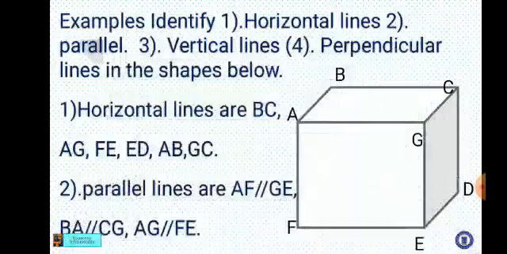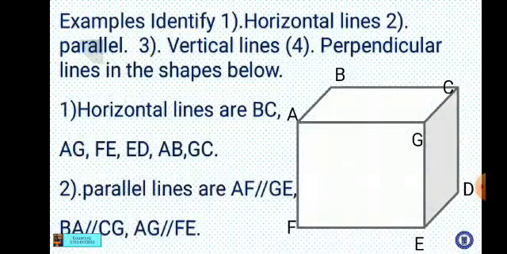Example: identify horizontal lines, parallel lines, vertical lines, and perpendicular lines in the shape below. The shape below is a cube. You can see I numbered it A to G. You are asked to identify the following on this shape.